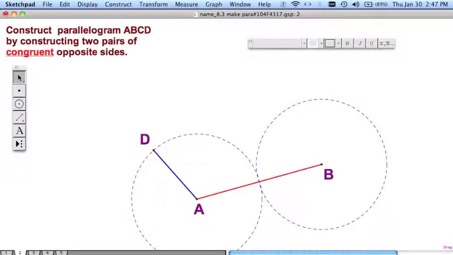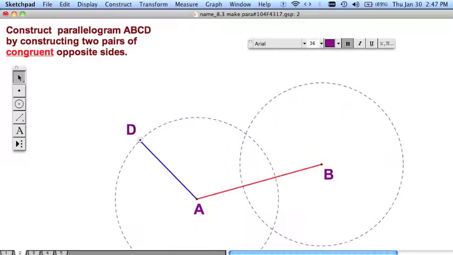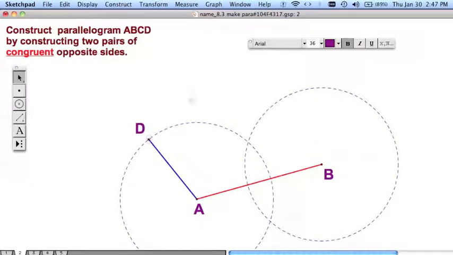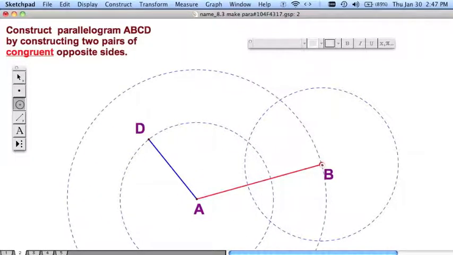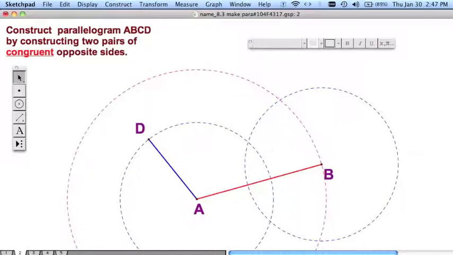And unlike the rigid compass, we can change this figure around. It's a dynamic construction. So we're going to be all right here. So this transfers the blue distance from A to B. And as you imagine, we need to do the same thing here. But this circle, I'm going to color it red because this is a red segment.